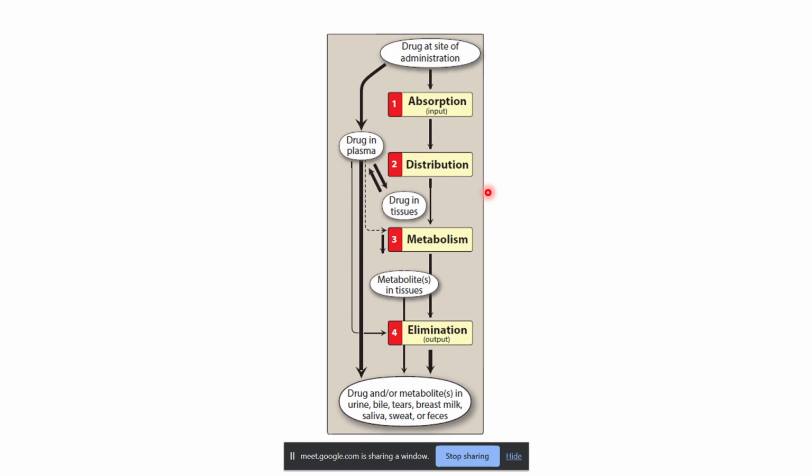The charge of the molecule also will influence the distribution phase, because usually neutral molecules distribute better through the layer of the membranes, because they will not be attracted.